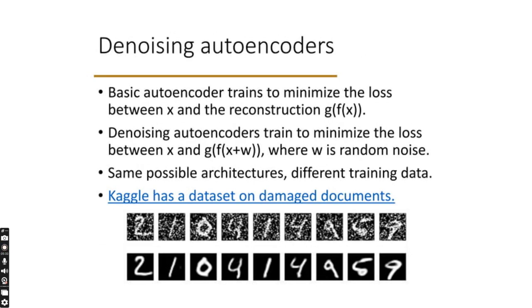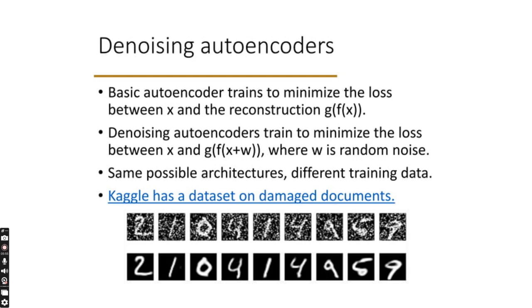Now the denoising autoencoder. A basic autoencoder tries to minimize the loss between X and the reconstructed image, g of f of X. A denoising autoencoder tries to minimize the loss between X and g of f of X plus W, where W is random noise.